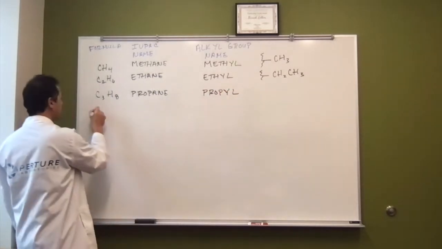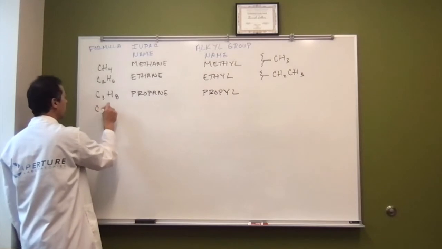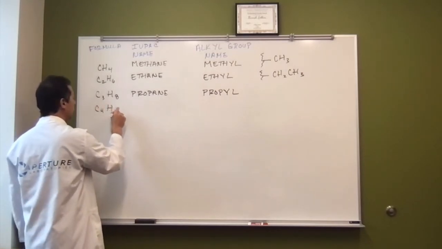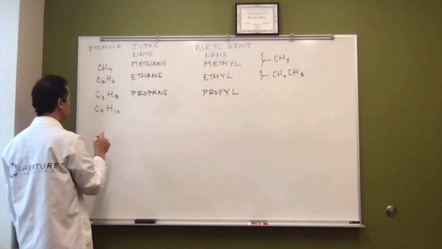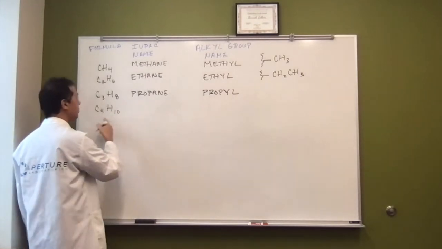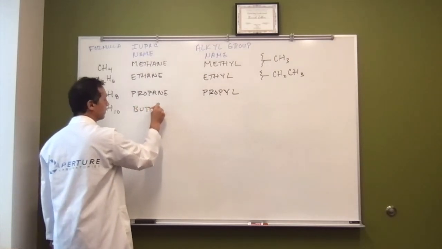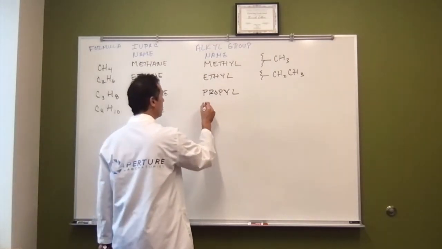And then we have C4H10, and this becomes butane, and butyl.